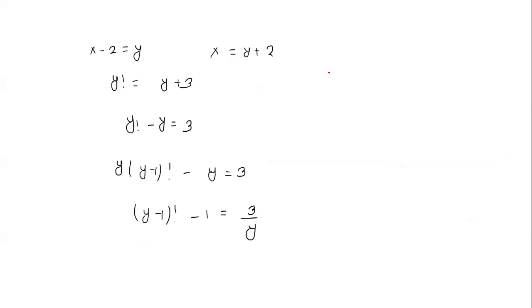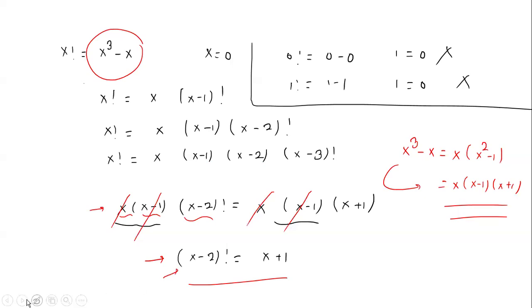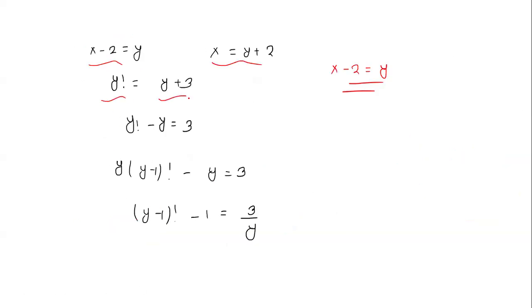Now what you can do, you can assume x minus 2 as y. So here we are assuming x minus 2 is equal to y, so you can write x as y plus 2. The left hand side will become y factorial and the right hand side will become y plus 3. Now you can take this y to the left hand side and the equation will become in this form.